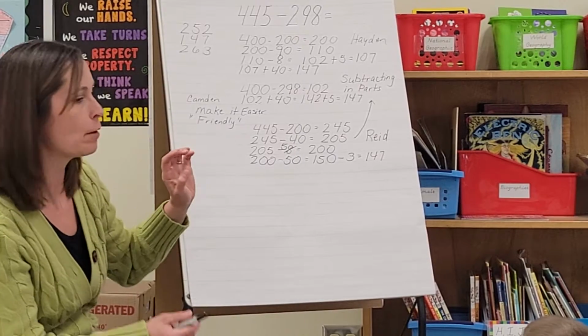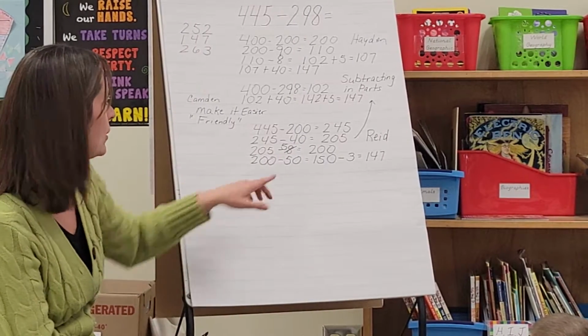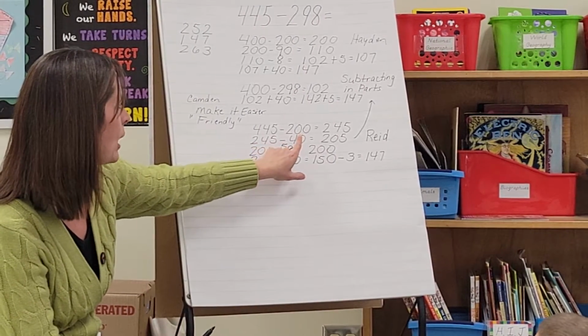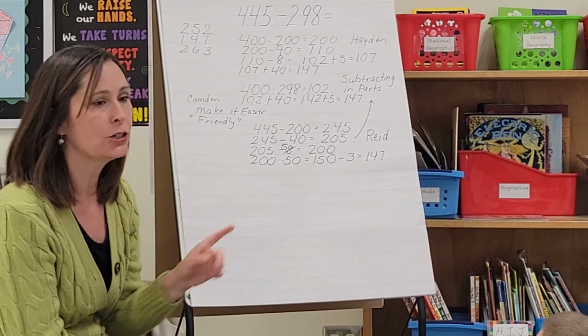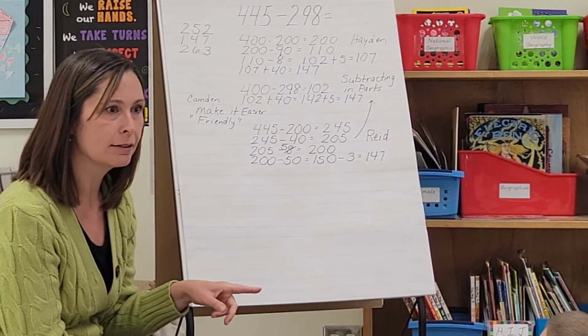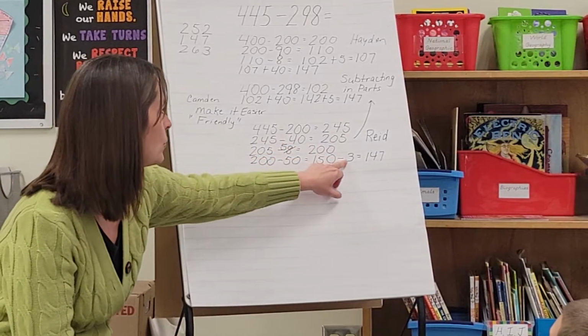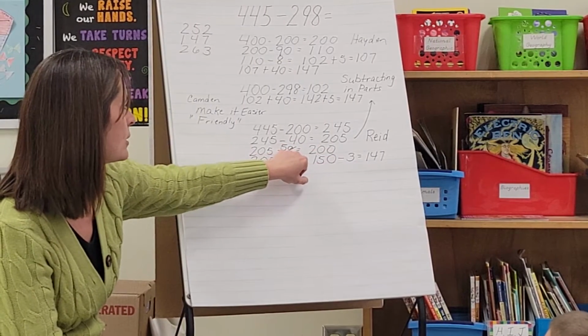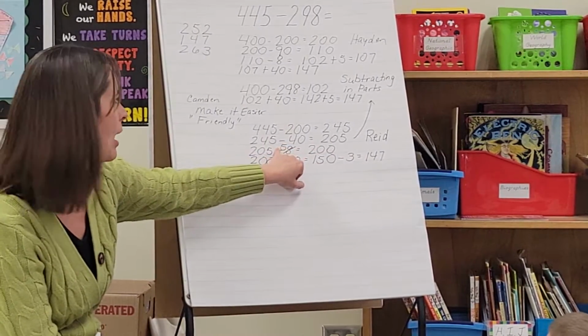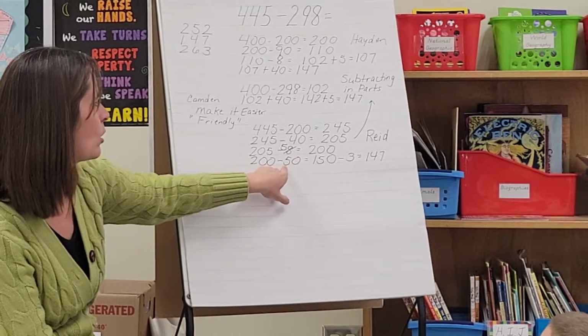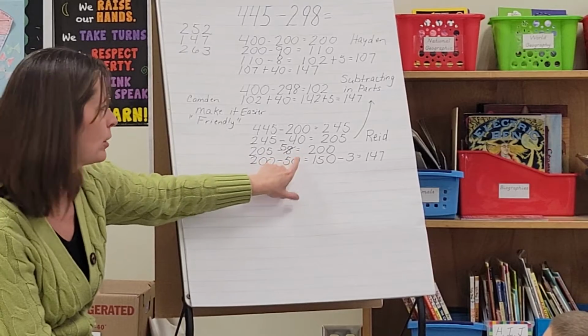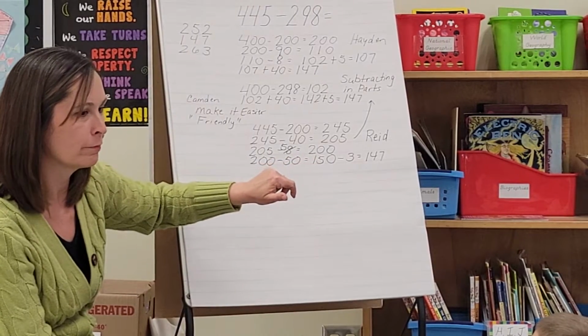But she broke up the 90 into the 40 and the 50, so 245 take away 40 gave her 205, and then she even broke up her 8 into a 5 and a 3, and 205 take away 5 gave her 200, and then 200 take away 50, where did that 50 come from?